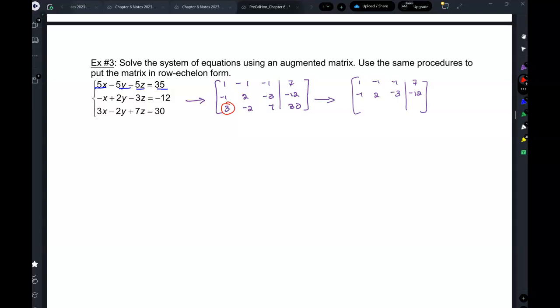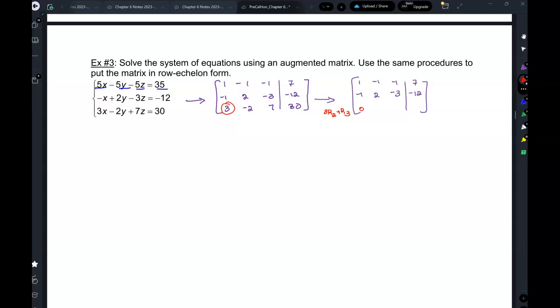So what I would do here is 3 row 2 plus row 3. Okay? 3 row 2 plus row 3. Is there a different combination? There is. Does it matter? Does not. So that's 0.